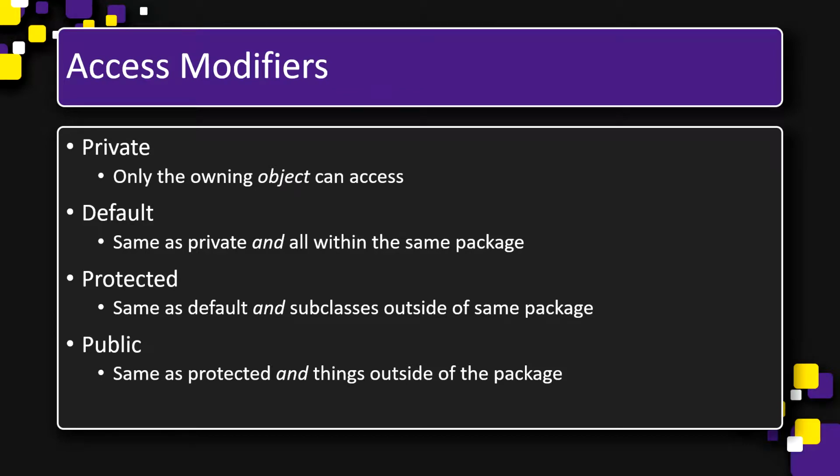Public is the same as protected, meaning that my own object can access it, my own package can access it, my subclasses, regardless of where they're located, can access it, and things outside of the package. This basically means everybody can see what it's doing, everybody can call it, everybody can access it, which could be problematic for things like variables, but we'll use this a lot for methods in particular.